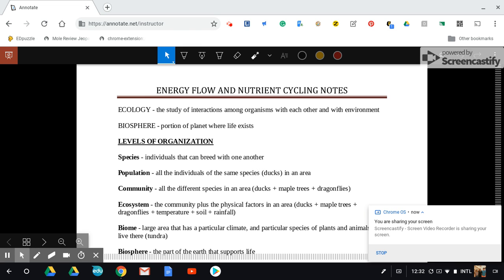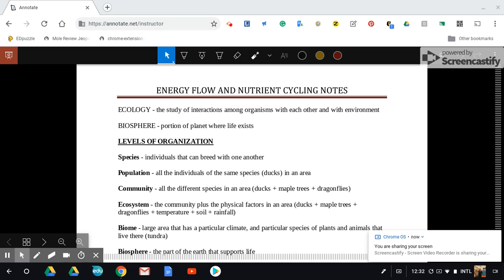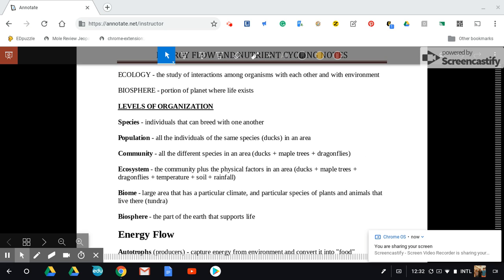All right, so what I wanted to do is just take a minute and make sure everybody knows what energy flow and all that good stuff is. When you're looking at the levels of organization, a species is anything that can breed with each other. A population is made up of the same species.